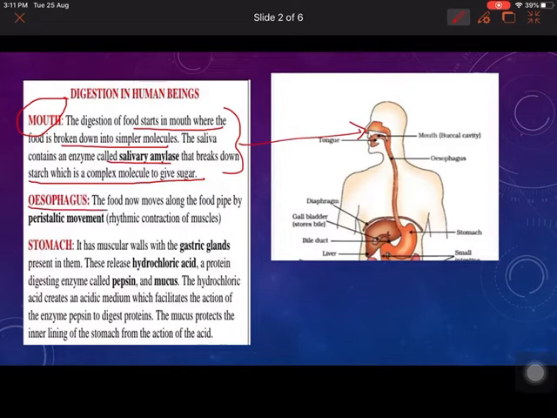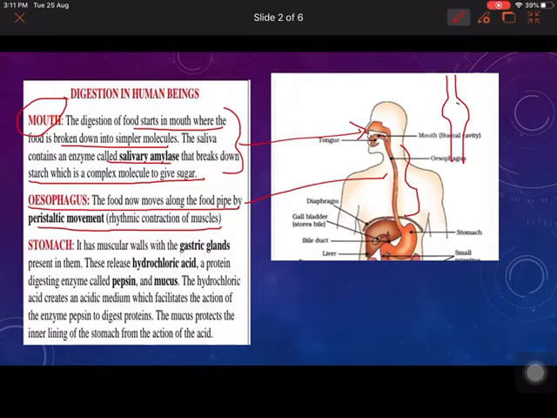The second part is the esophagus. The food now moves along the food pipe with the help of peristaltic movement. So what is peristaltic movement? Suppose this is your esophagus, and this is the food which we have just eaten and swallowed. The upper part of the esophagus, a muscular organ, will start contracting and the lower part will start expanding.